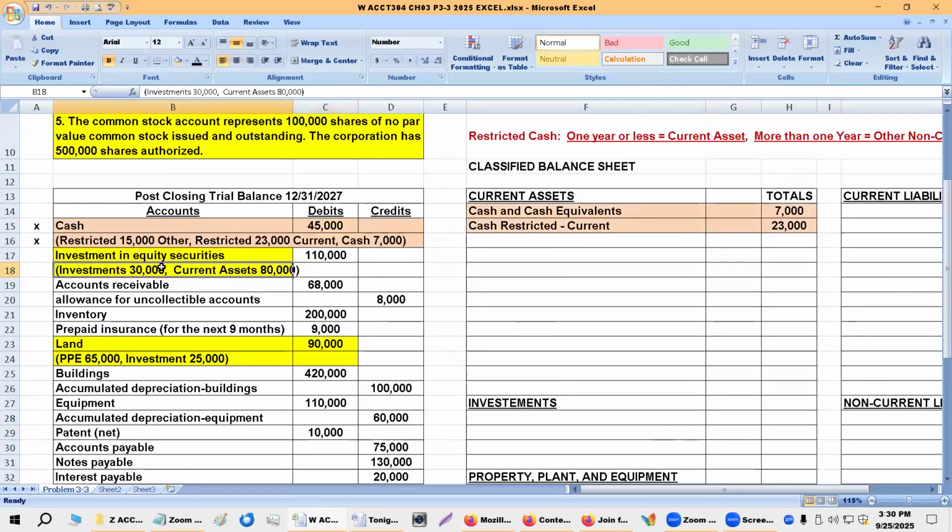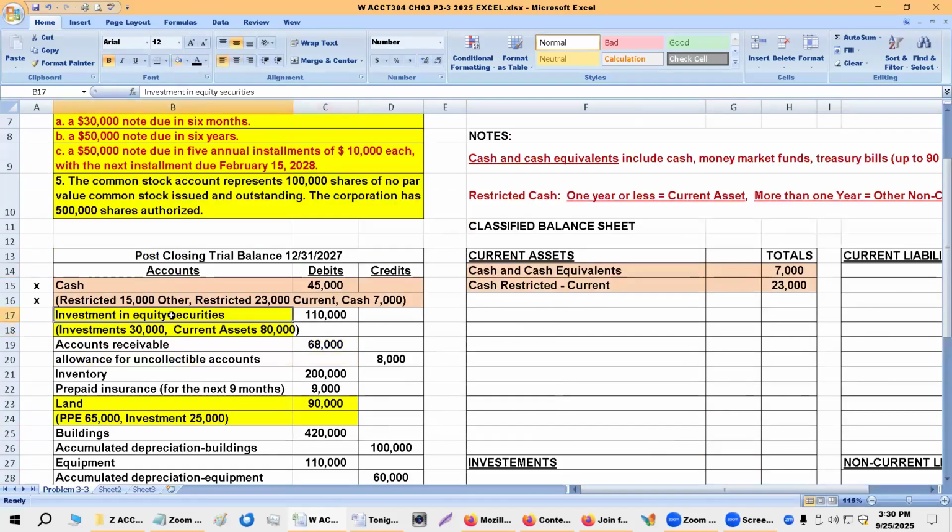Okay, so let's go to investments in equity securities. Investments are 30 and current assets are 80. I'm going to do current assets first.